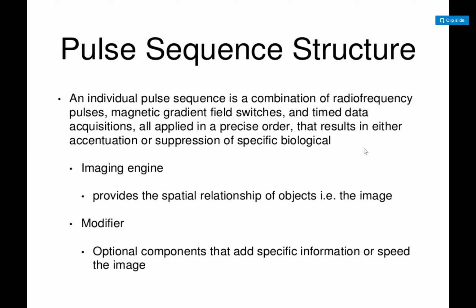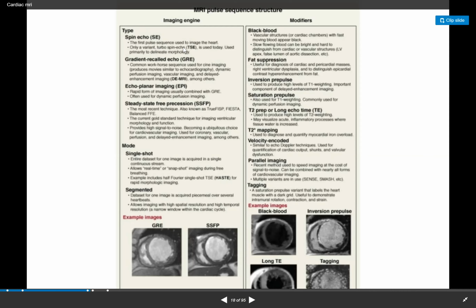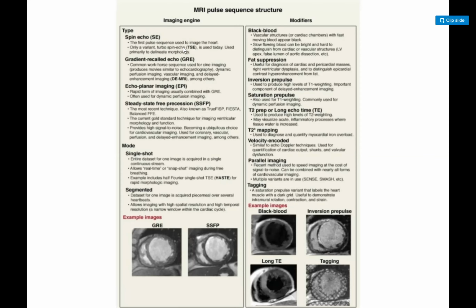As you can see, I've just put the most common ones. There are many more, but just to go over these. The first one is called spin echo, and there are different names for this. Every vendor, like Siemens or GE or Philips, will have their own names.